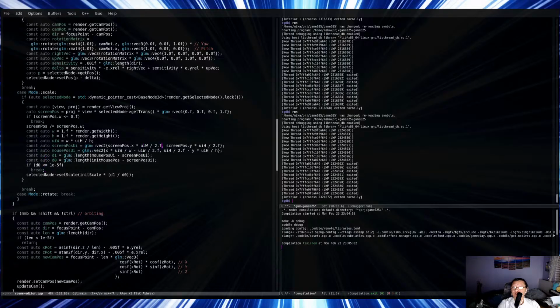What kind of changes did it do? Oh, it did change it. Okay, so screen pause. Oh, okay. I did not make one extra step to accommodate for aspect ratio.